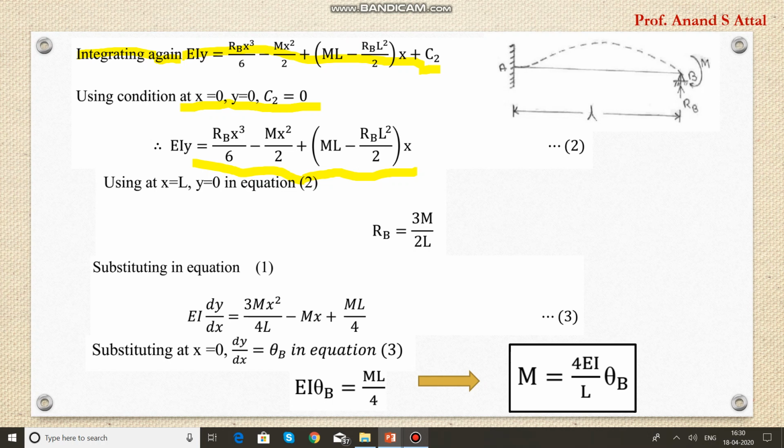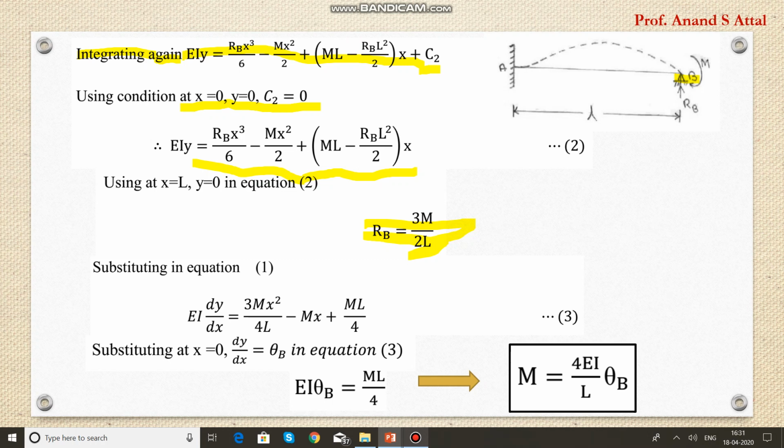Now using another boundary condition, at x = L, y is 0, in equation 2 we get the value of RB = 3M/2L. Substituting in equation 1, we get EI dy/dx = 3Mx²/4L minus Mx plus ML/4. Substituting x = 0, dy/dx is theta B in equation 3.